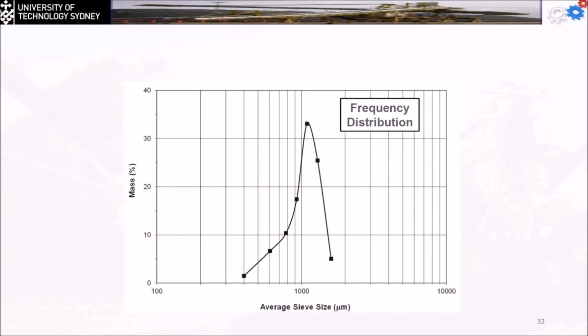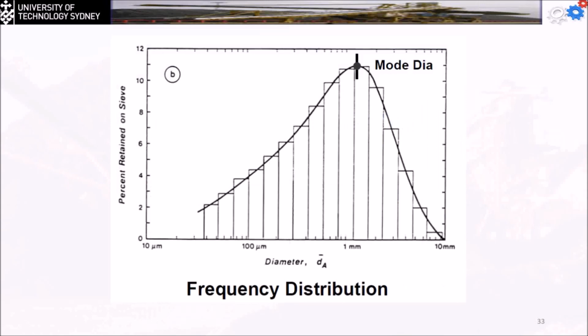And we're going to use the mass percentage on each one to make the frequency distribution for the material on the sieve. We can make the frequency distribution by the same process. This is at diameters, and we can use the percent retained on the sieve, but we can use a histogram to sketch the frequency distribution chart. But I think this will be fair enough.